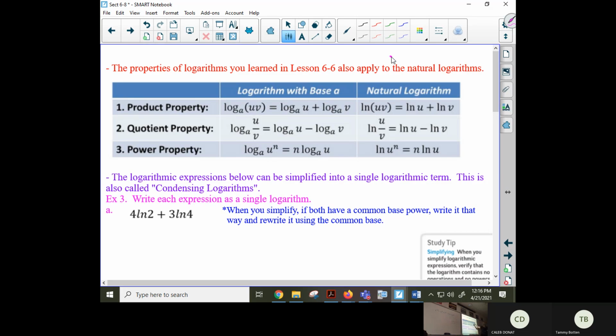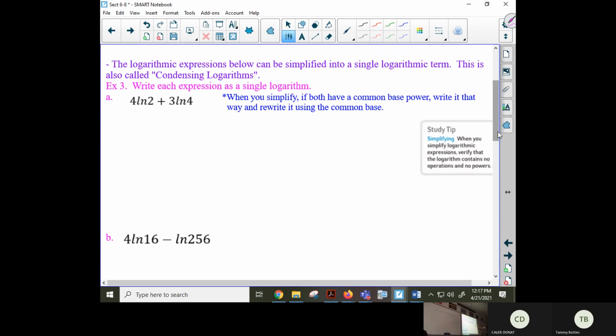If you had two things multiplied and you wanted to separate them, it's called expanding them. If it's multiplied, you would add. If it's division, you would subtract. And if there's a power, you bring it out front. That we learned before, and all of that works with natural log also. So now let's go ahead and try this.